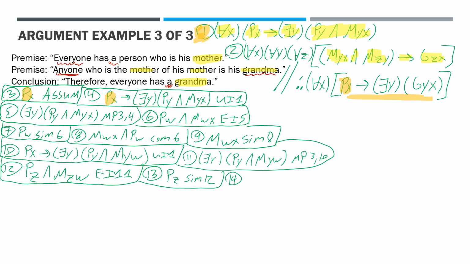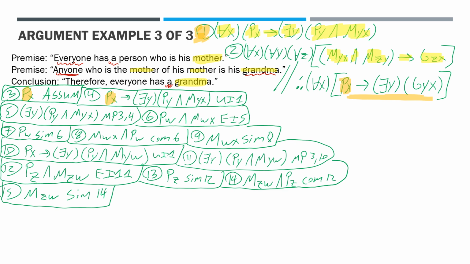For 14, we can get mzw and pz, commutative rule, line 12. And so for 15, we'll simplify, get mzw, simplification 14.